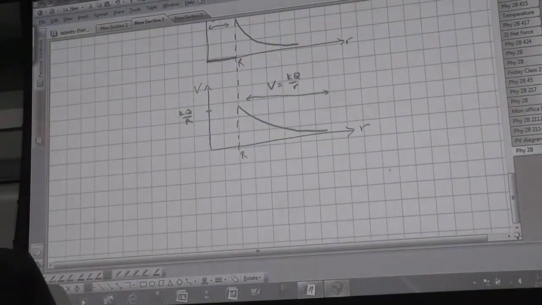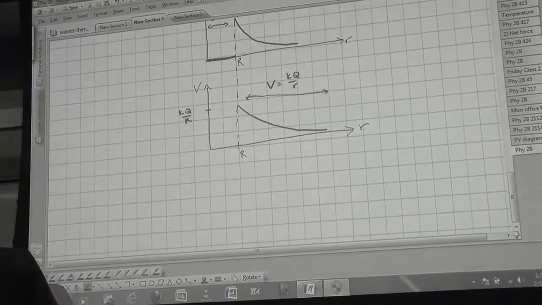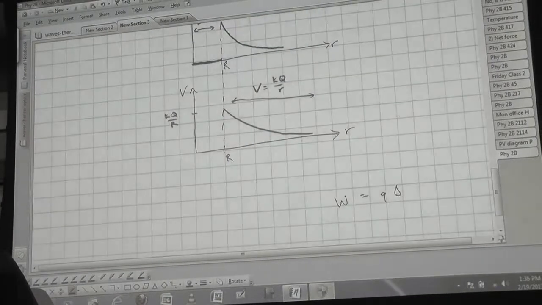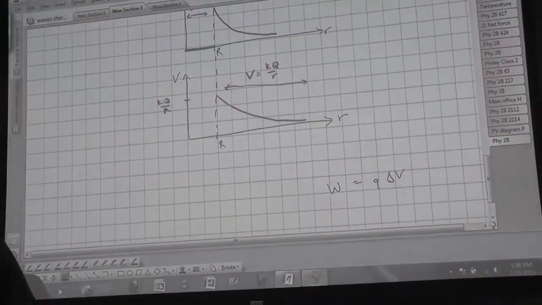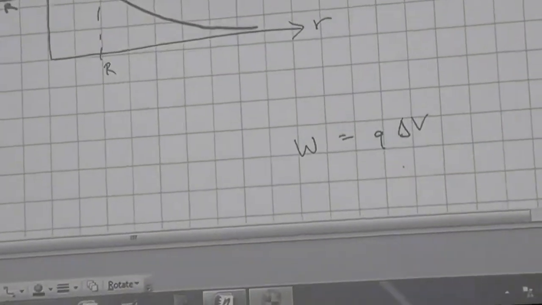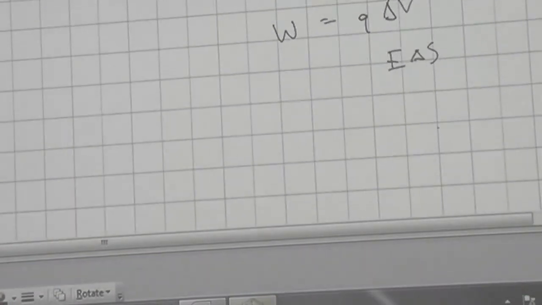And we got the work is Q delta V. And delta V, I think we made this substitution somewhere, is the electric field times some distance.